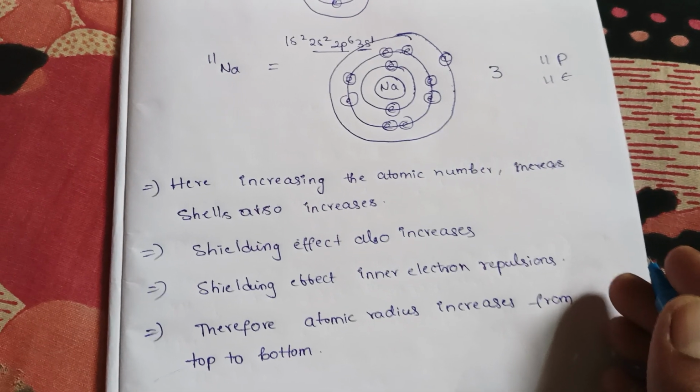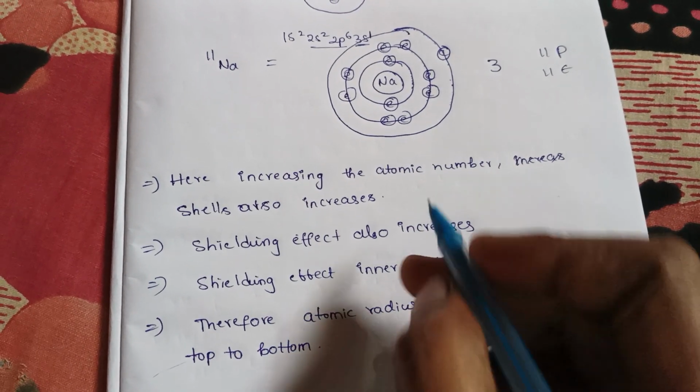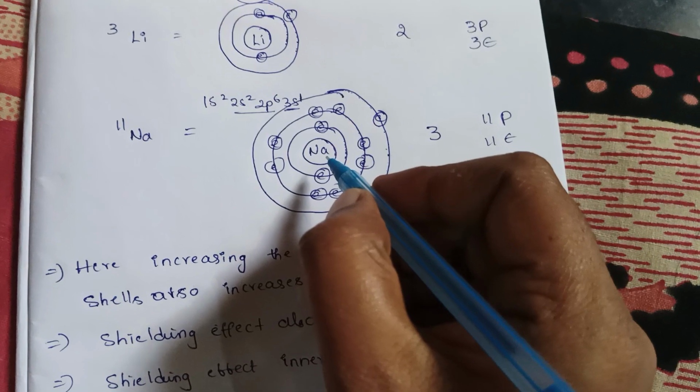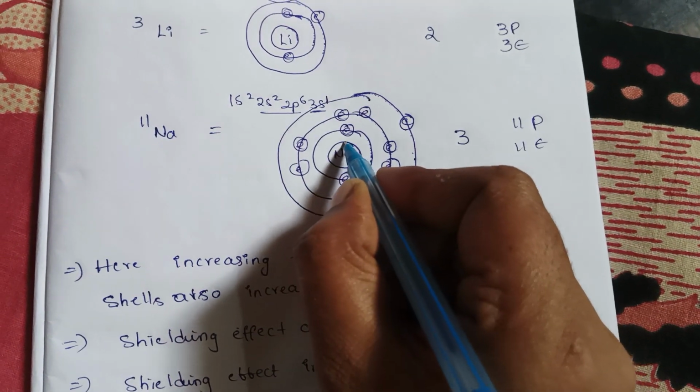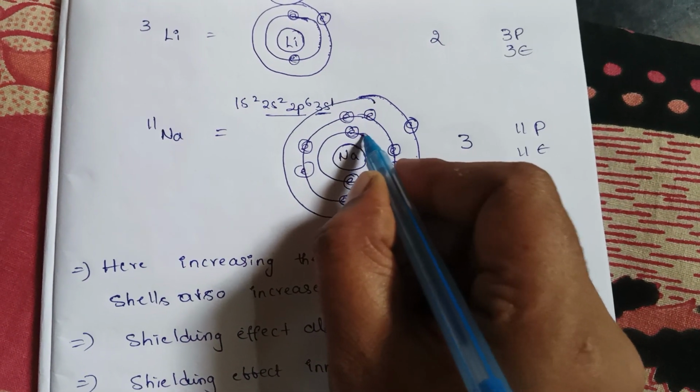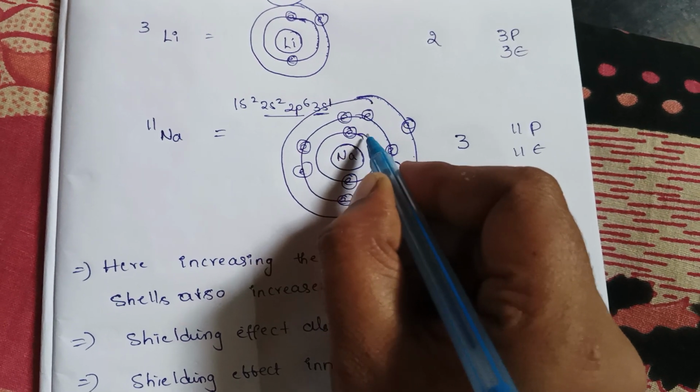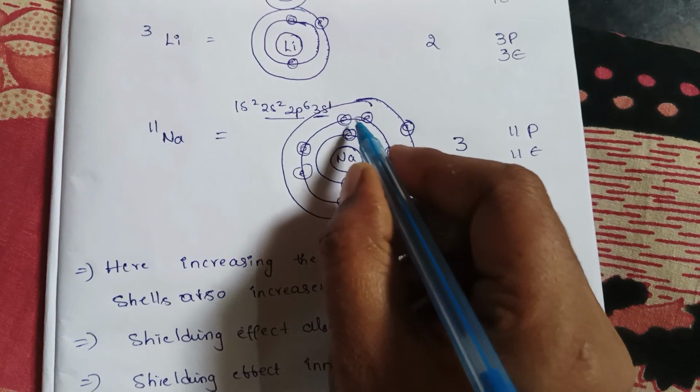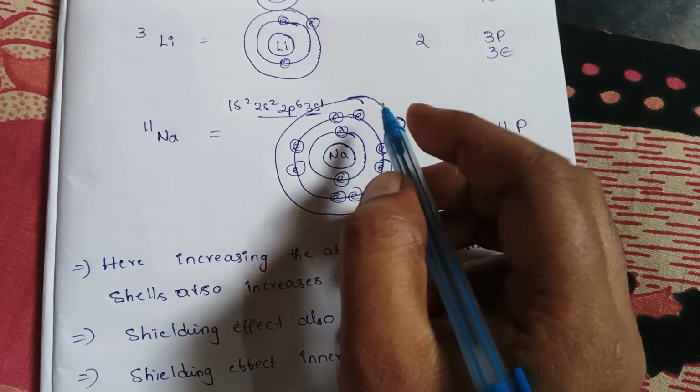Now I will explain a little about shielding effect. If we take sodium, this is the nucleus. First shell has how many electrons? 2 electrons. Second shell has how many? 8 electrons, right?